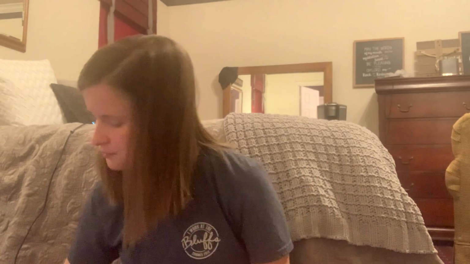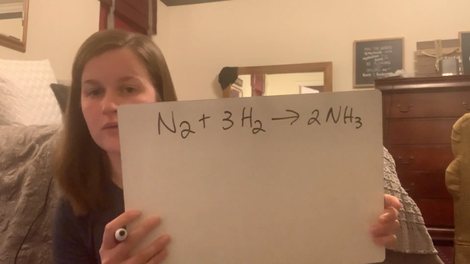So before I run out of time, because I can only do short videos, we're going to go ahead and try this. I'm going to rewrite the equation, and we're just going to look at the ratios. So it's 1 nitrogen plus 3 hydrogens is going to yield 2 ammonias. So I just rewrote the equation right here for you.